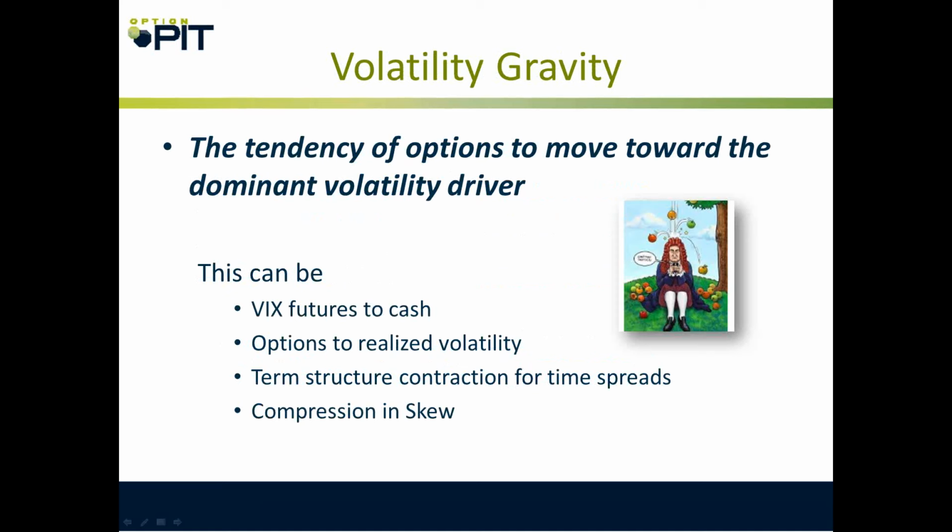Options to realized vol will drive expansion near the money for the most part. Term structure and time spreads are how you look at any kind of horizontal trade. And any kind of compression due to changes in the underlying toward the strike. It's basically what we call Option Pit, our 3D vol structure.